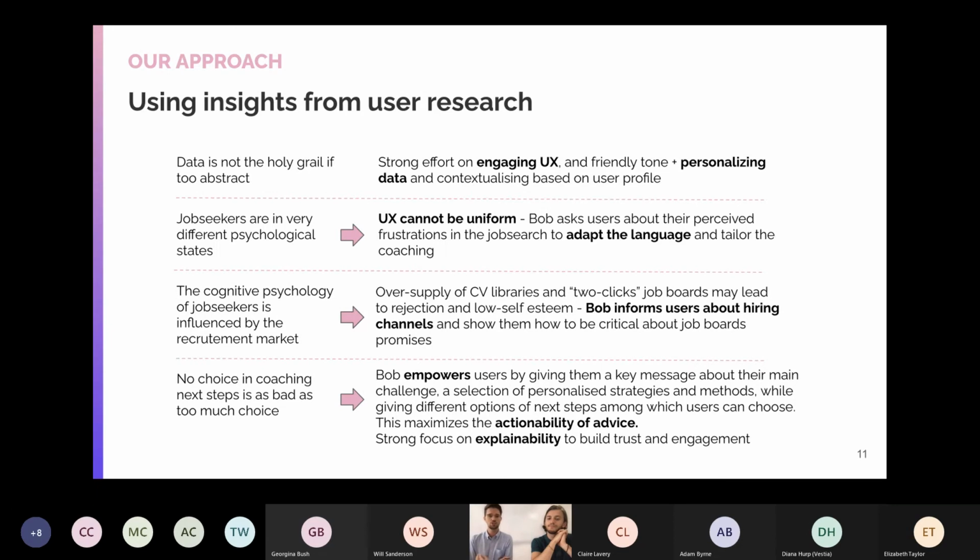So having some suggestions that allow them to take a next step, to maximize the actionability of the advice given, and also make sure this advice is explainable and can be understood by the users to build the trust.